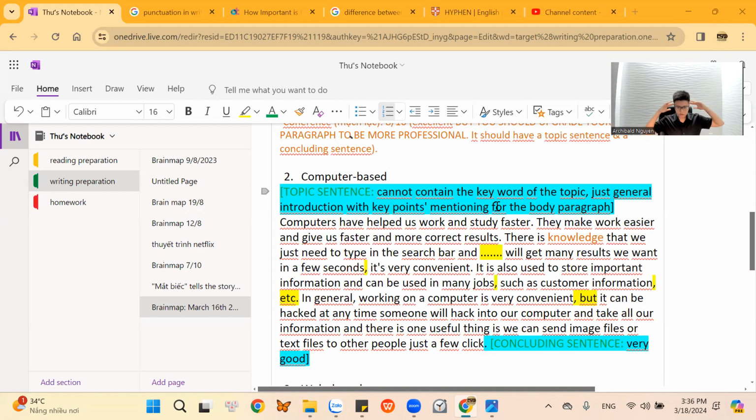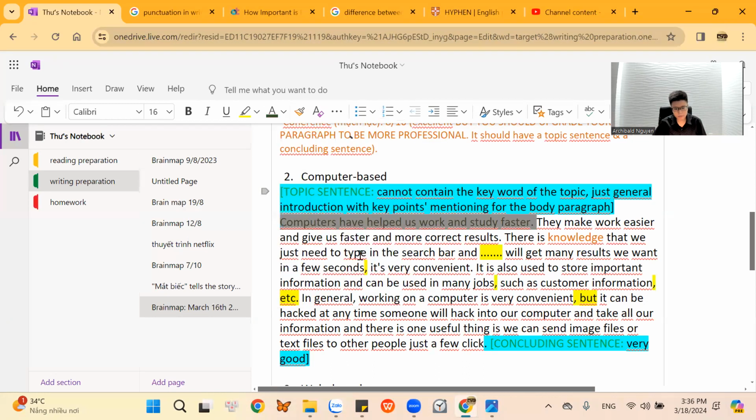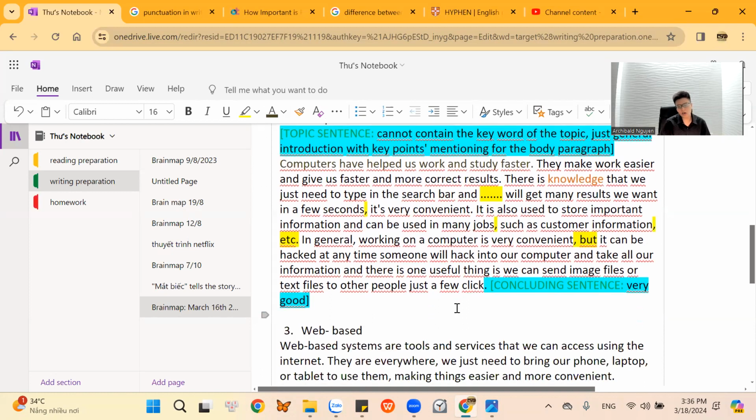When I look at this paragraph, I can find that the topic sentence is this one, the very first sentence: computers have helped us work and study faster. And the last sentence is always the concluding sentence. So let's check out the last sentence, from the words "in general" till the full stop.